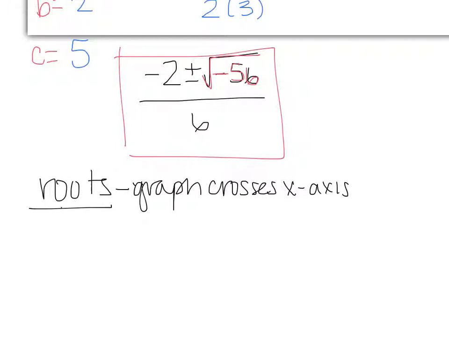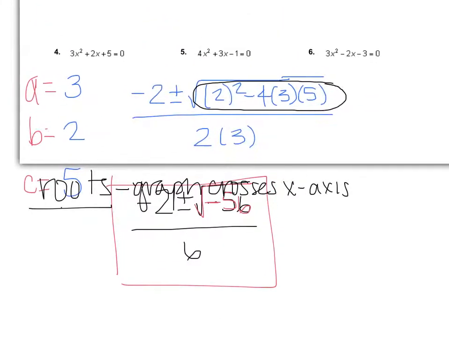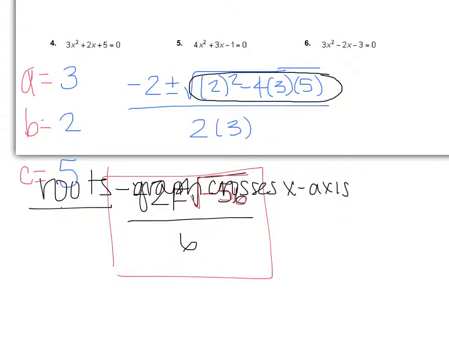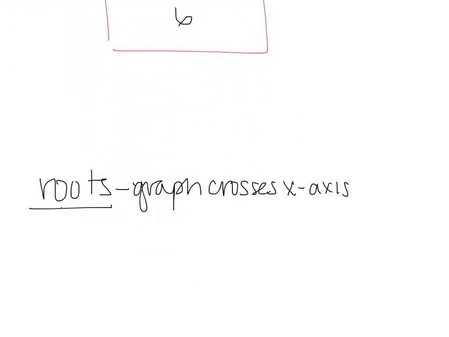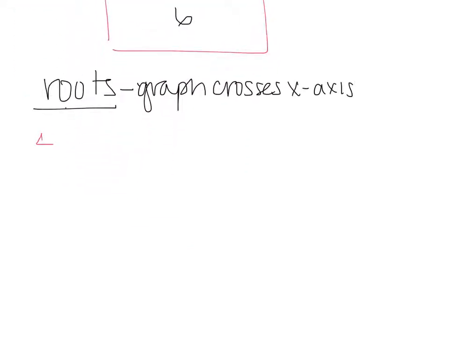So if we wanted to know the type of roots for this problem right here, we're going to use problem 5, 4x squared plus 3x minus 1. So you're going to have options.